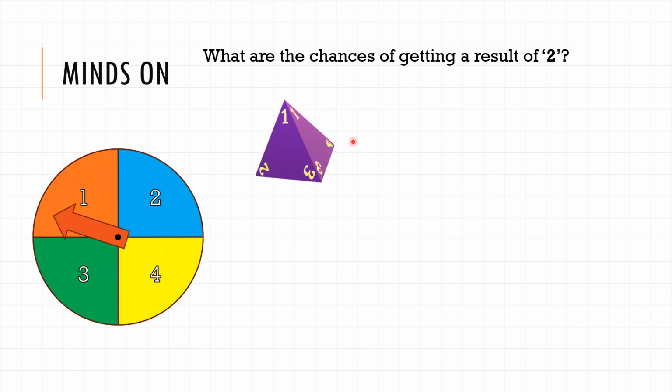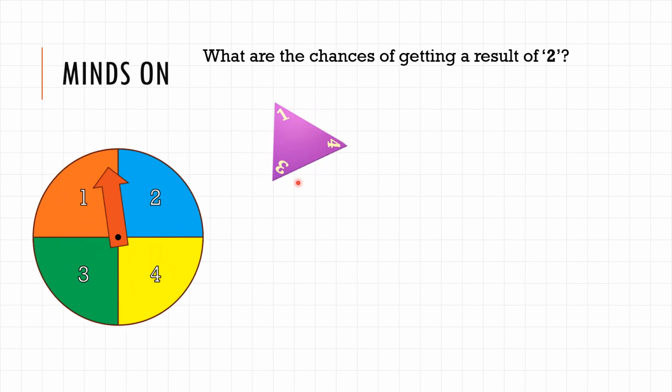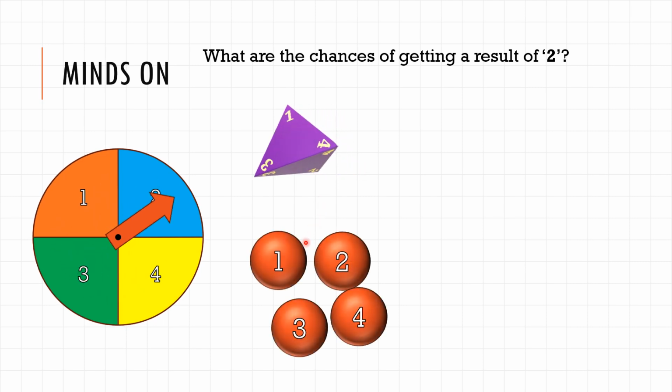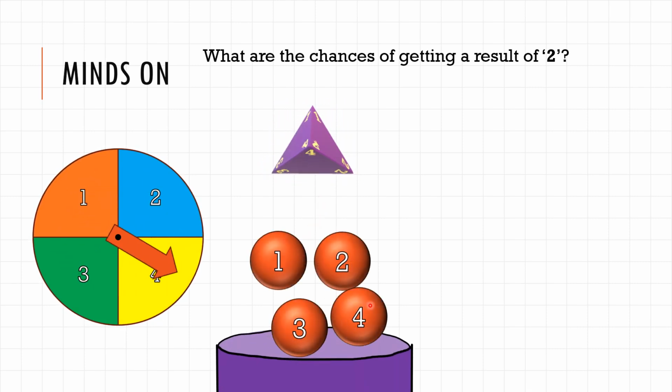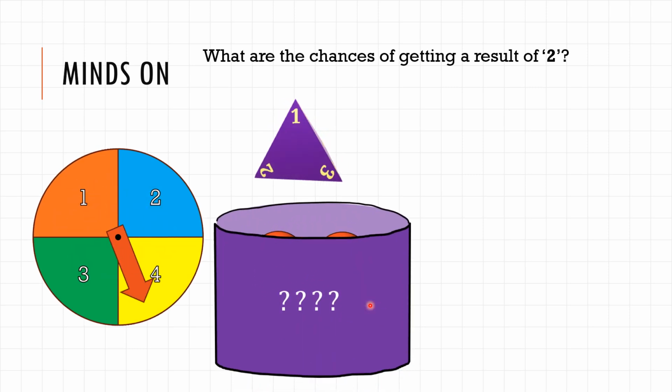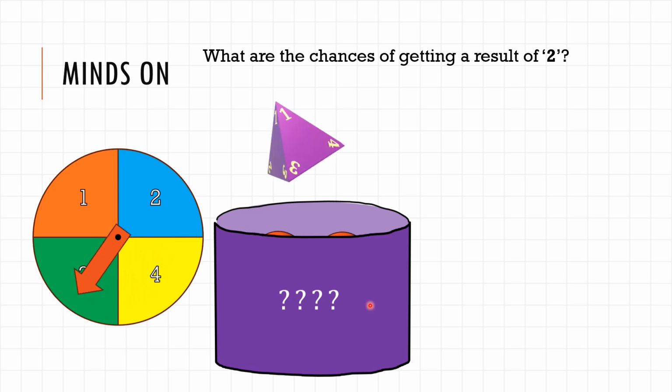because one of these 4 corners of this die is going to be at the top, and that's the number that we have rolled. What about if we had 4 balls numbered 1, 2, 3, and 4, and they were all inside a bag just like this, and you dip your hand into the bag and pull a ball out at random?